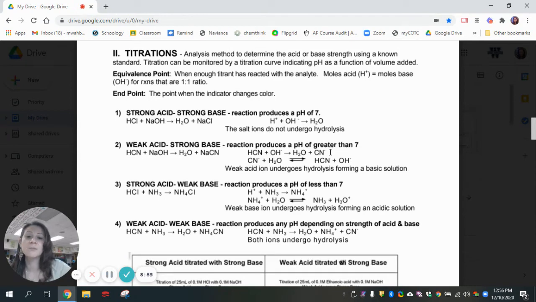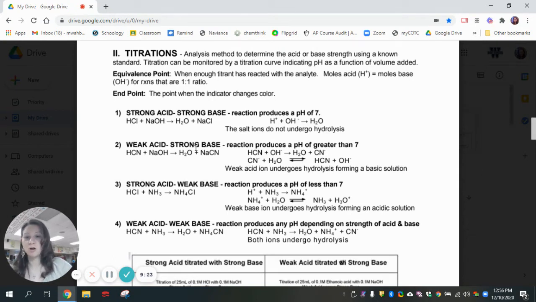The reason is because the CN minus can undergo hydrolysis. And so when you have CN minus with water, it undergoes hydrolysis and you form HCN and OH minus. This is an equilibrium. And so since we're forming hydroxides, the pH is actually greater than 7.